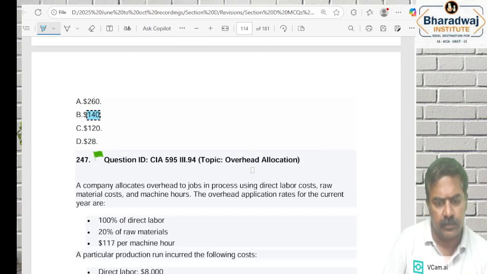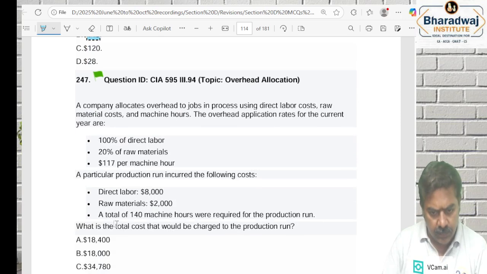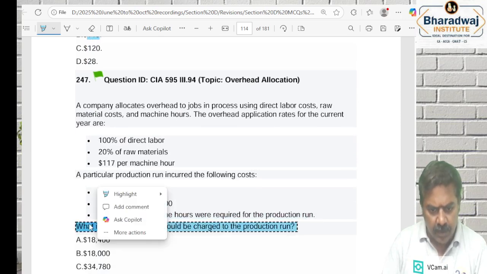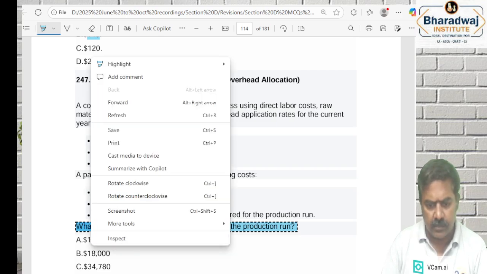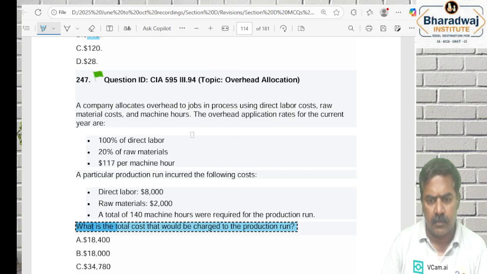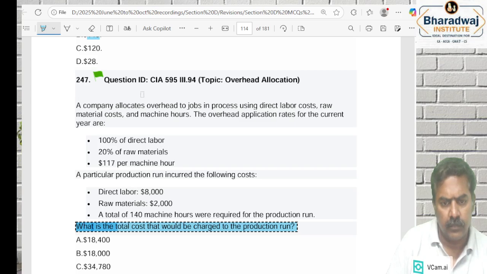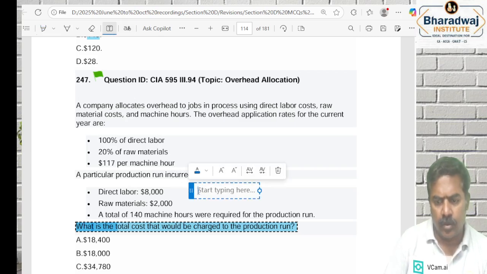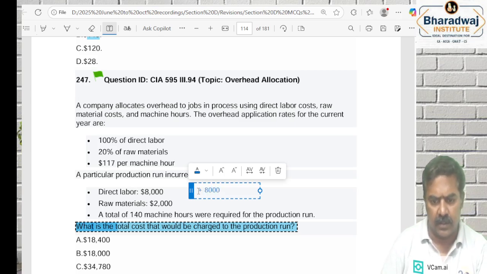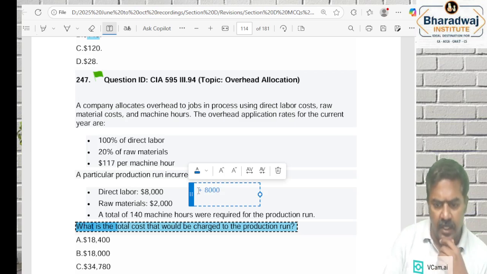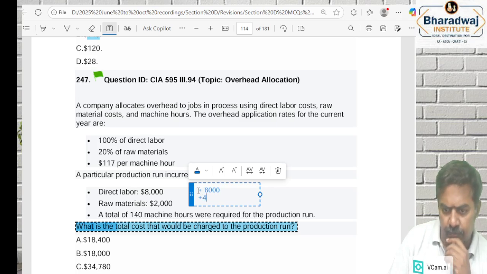247. Total cost that will be charged per production run. Overheads 8,000, plus 100% of direct labor means 400, plus 20% of raw material means 400.